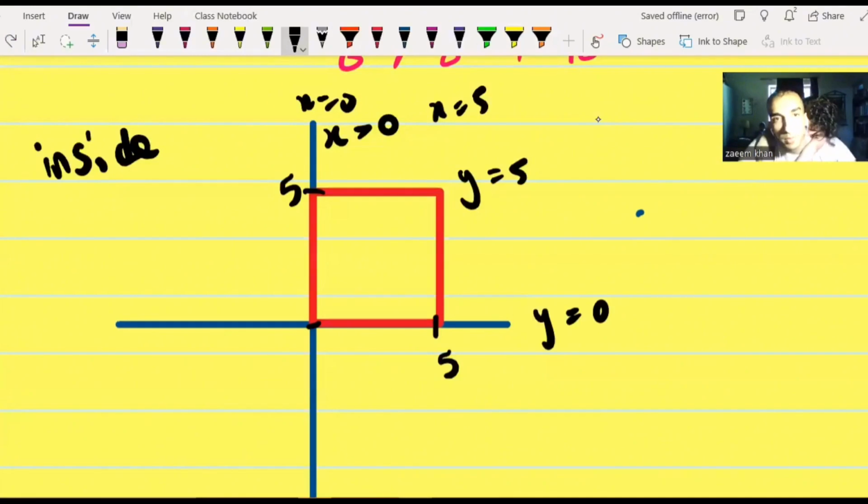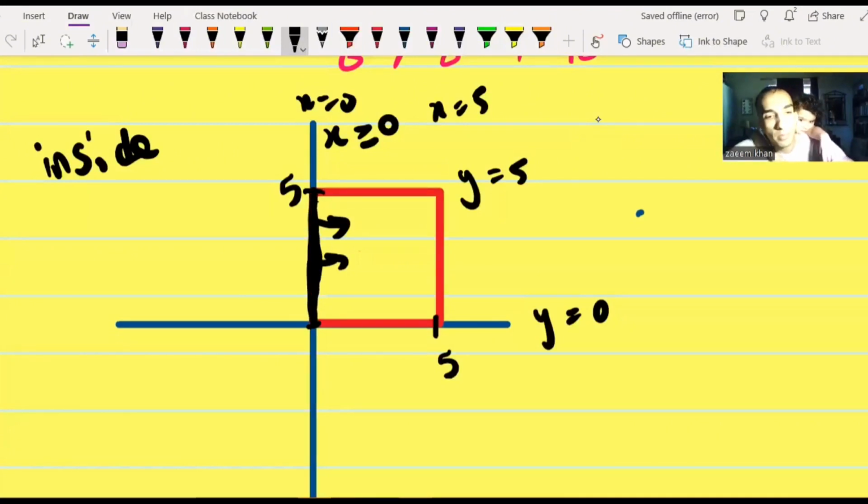You would not include an equal sign. Perfect. Why? Because if I am supposed to stay inside the square box, I am not supposed to include that red line. And if I write x is greater than or equal to 0, I would be essentially including that red line as well.